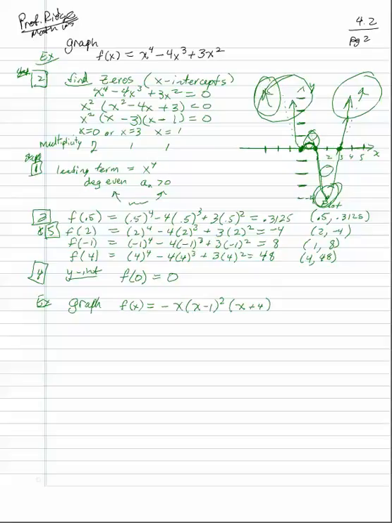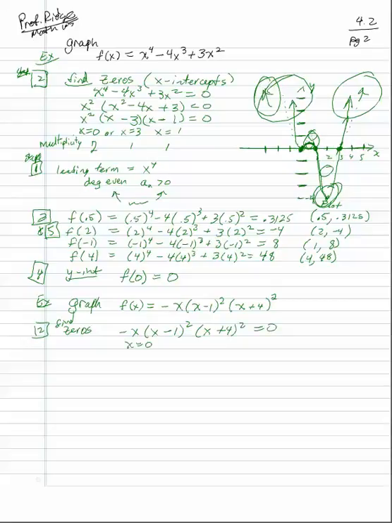So let's graph f of x equals negative x times x minus 1 squared times x plus 4 squared. So I'm going to first find, again, I start with my zeros. Find zeros. So that's going to be negative x, x minus 1 squared, x plus 4 squared equals 0.